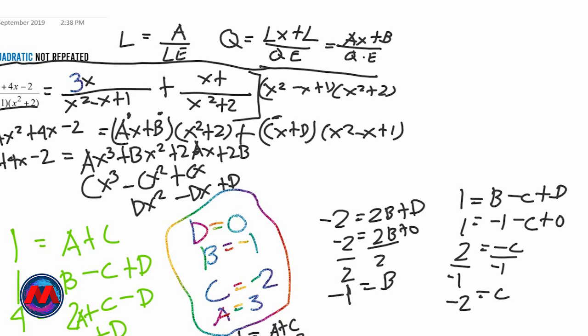Magiging negative 1 na siya. 3x minus 1. Okay, yung value ng B natin is negative, C is negative 2. So, that's negative 2x plus 0. Since 0 siya, huwag na natin ilagay. Erase na natin yon. So, yun guys. Congrats. Ito po yung final answer natin.